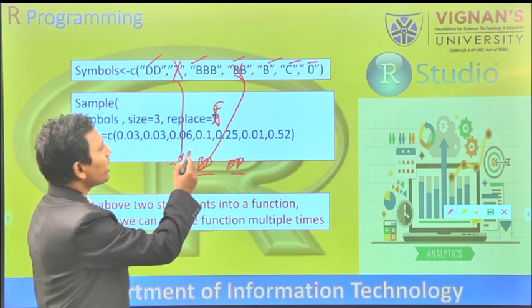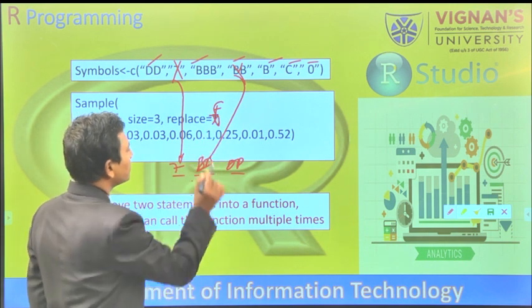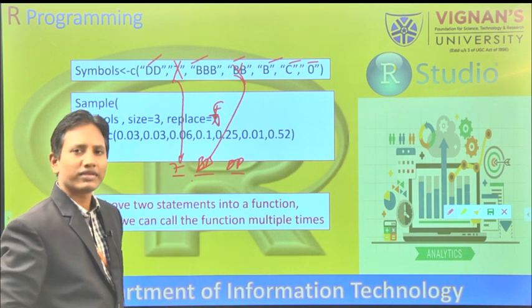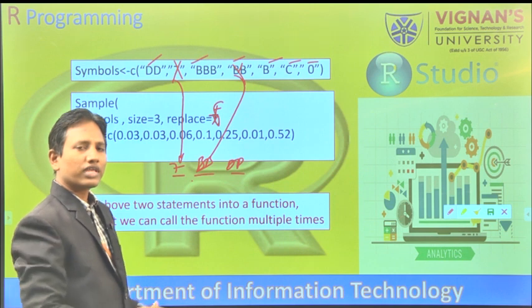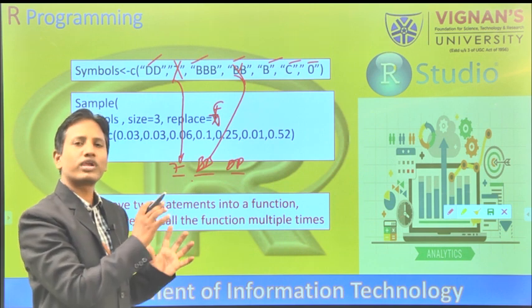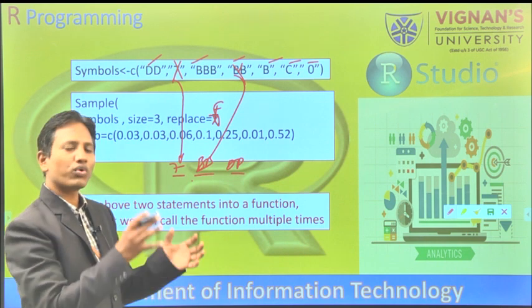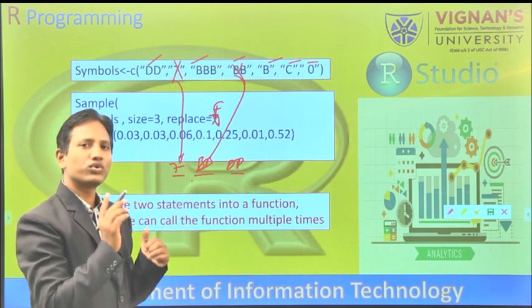So when replace equal to false, the symbols are not going to repeat. But in our case, we wanted the symbols repeated. Because of that, we are going to put replace equal to true.